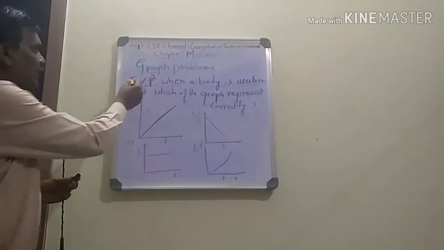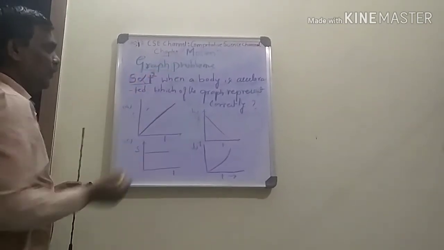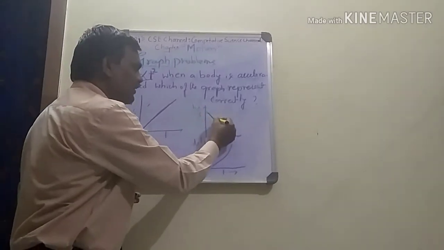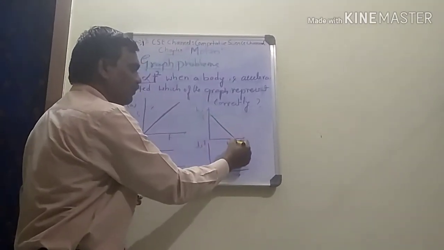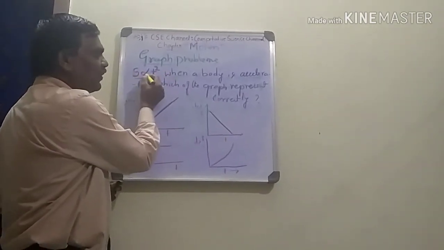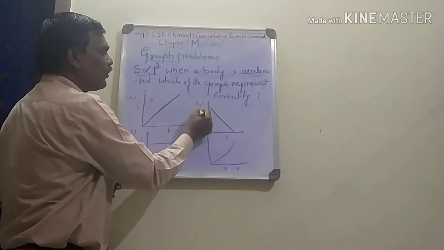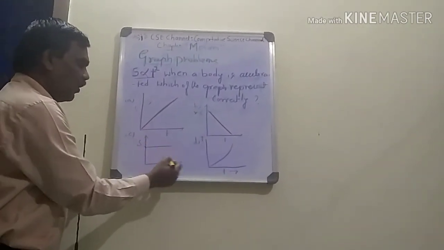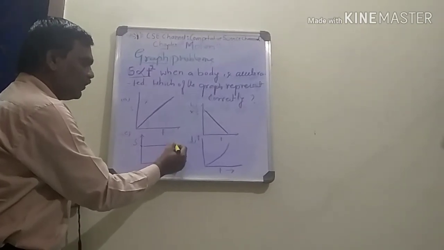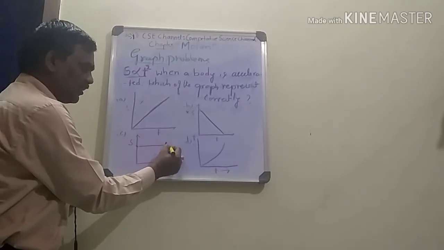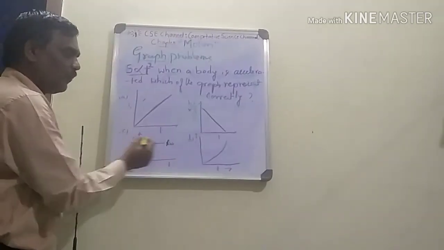This distance is directly proportional to t square, it is not possible here, where the distance is decreasing with time. As the time increases, the distance also increases, so this is also wrong. Here the distance is the same at all times, meaning S is equal to 0, meaning the object is at rest. So this graph is wrong.